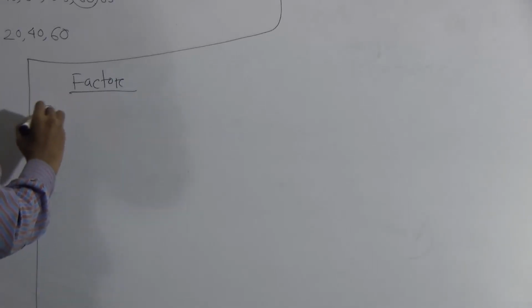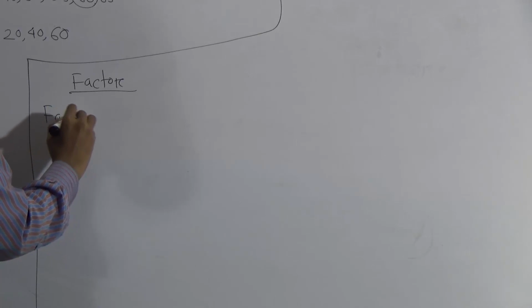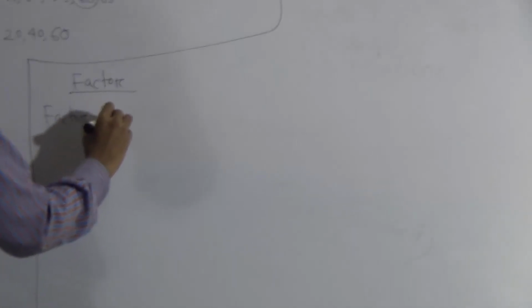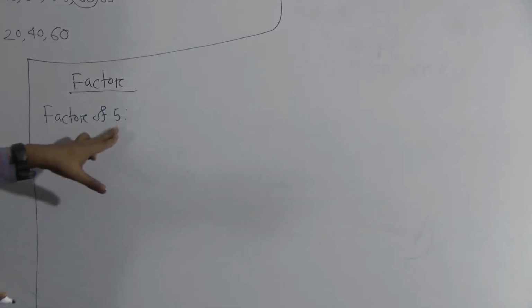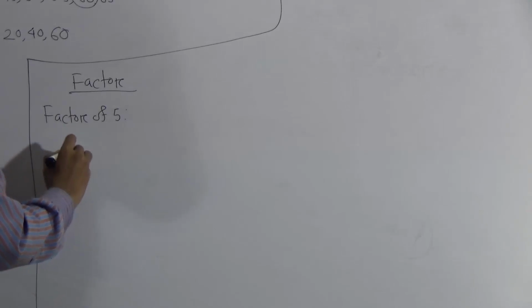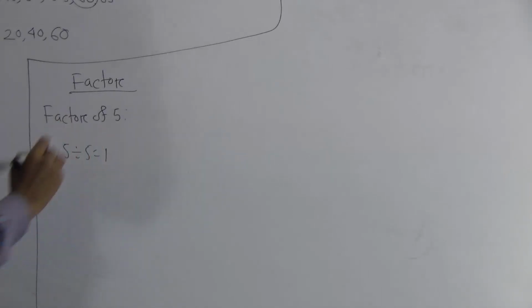At first 5. Look, let's divide 5 by 5. Then you get what? 1. Okay. So the factors of 5 are what? 1 and 5. Okay. Now another number.